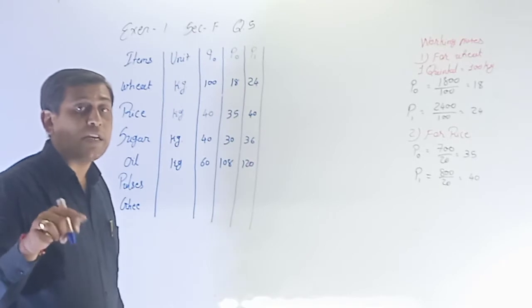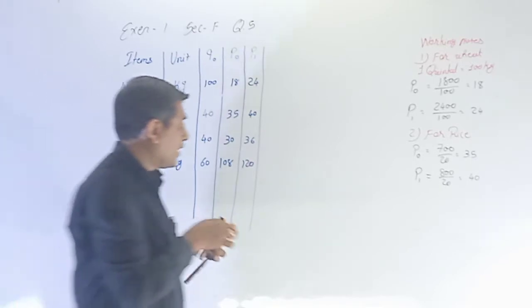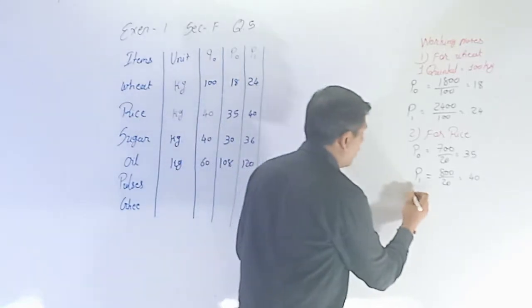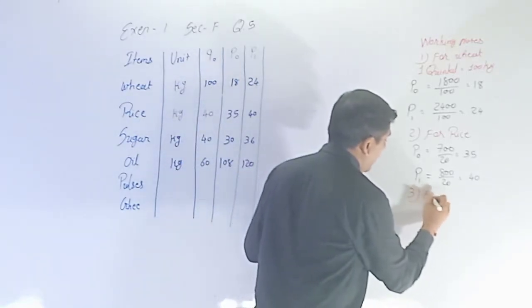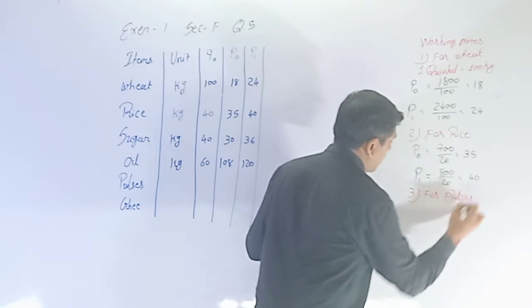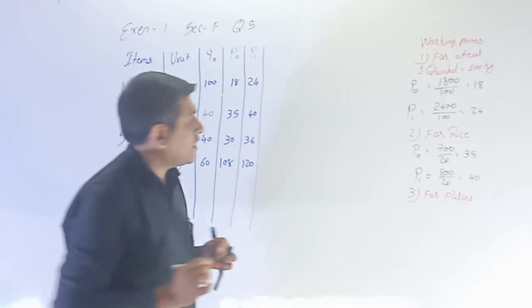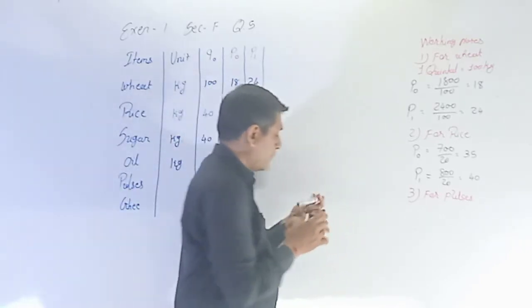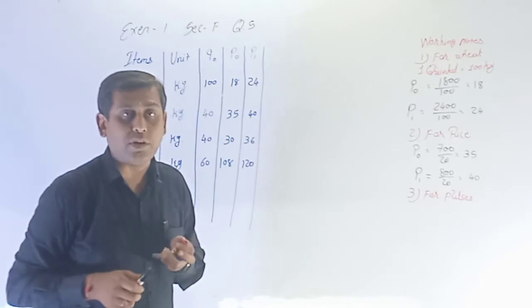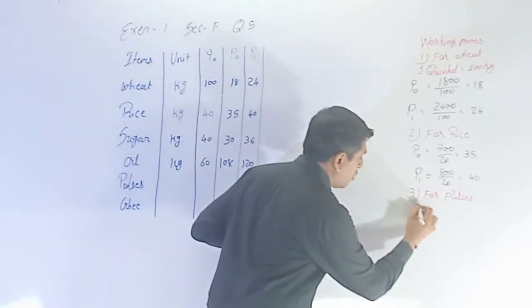Now pulses, again 20 kg is given. So the next working note is for pulses. 20 kg is given, so again the price of the base year as well as the price of the current year will change.